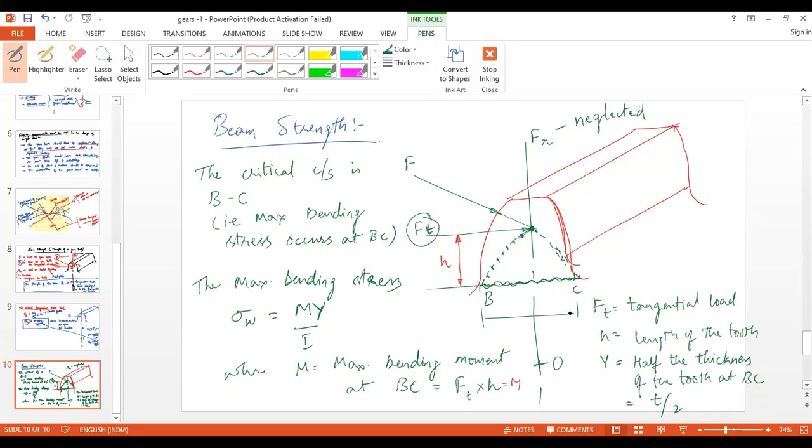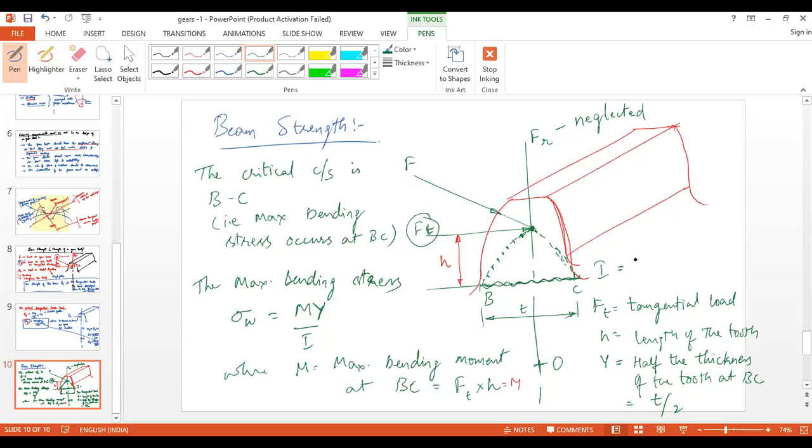If you say this is t, that is the thickness, then it is half of it, so it is t by 2. And what is I? Moment of inertia. What is the equation for it? bd cube by 12.